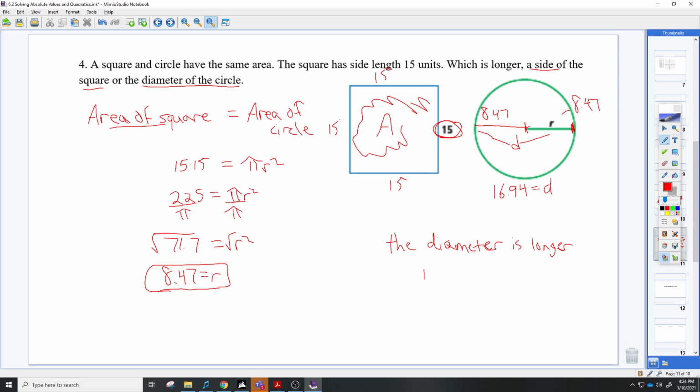The diameter is longer than the side of the square. There's a little word problem we did. Not too bad.